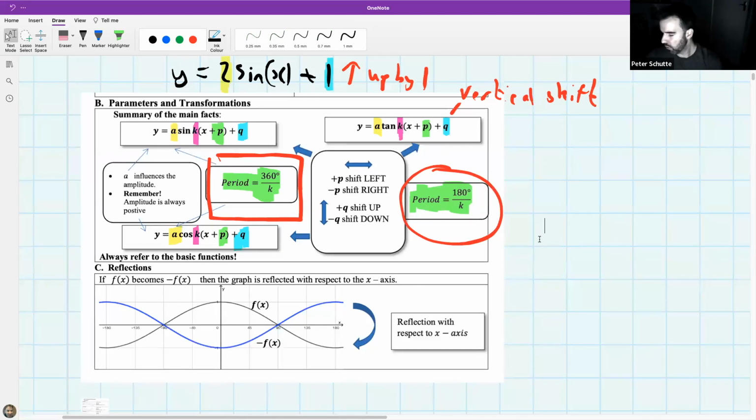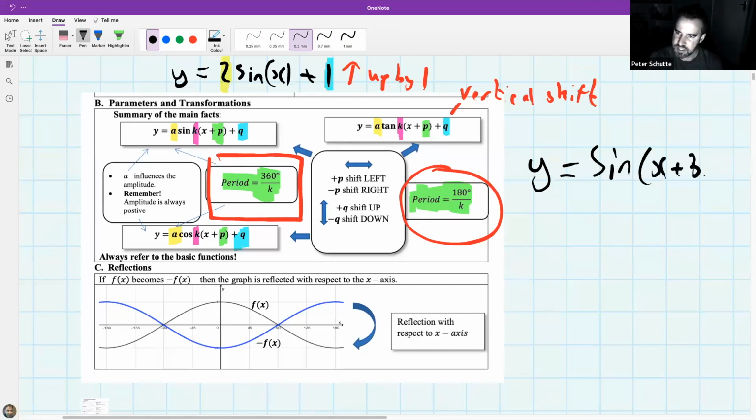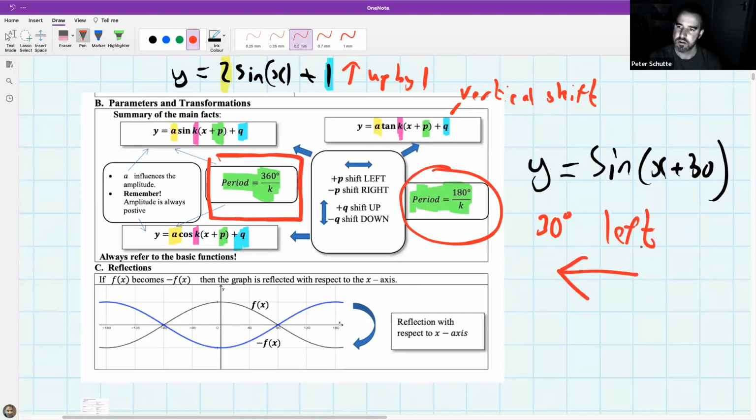Remember that the horizontal shift is a bit special. It always moves the opposite way. If it's a plus, it moves to the left. If it's a minus, it moves to the right. If it was by itself, the graph of sine x plus 30 would be a horizontal shift, and it would move the whole graph 30 degrees to the left. And that value over there is the P value.